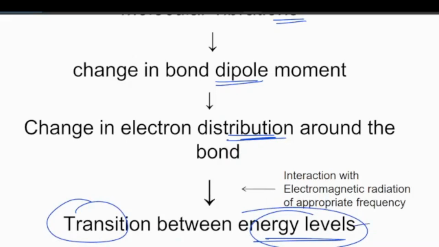Transition between energy levels means E2 minus E1, the energy difference, because if you change from one energy level to the next, the energies are changed, and the frequency also changes. So we determine based on these properties of the individual molecules.